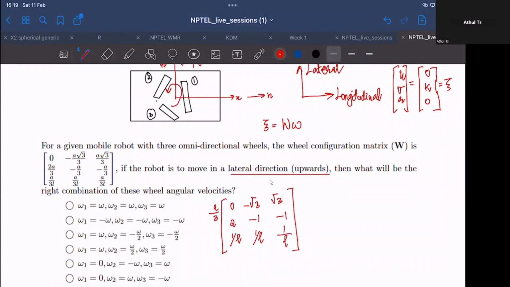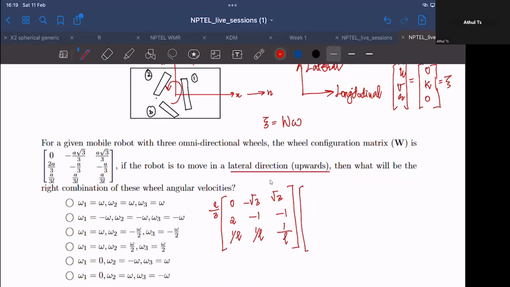We will evaluate each of these options one by one. The first option says the angular velocities of all 3 wheels are omega. If this is the case, what would the first row be? If you multiply this out, it would be minus root 3 times omega plus root 3 times omega, so the first row is essentially 0. We'll also have an a by 3 outside.